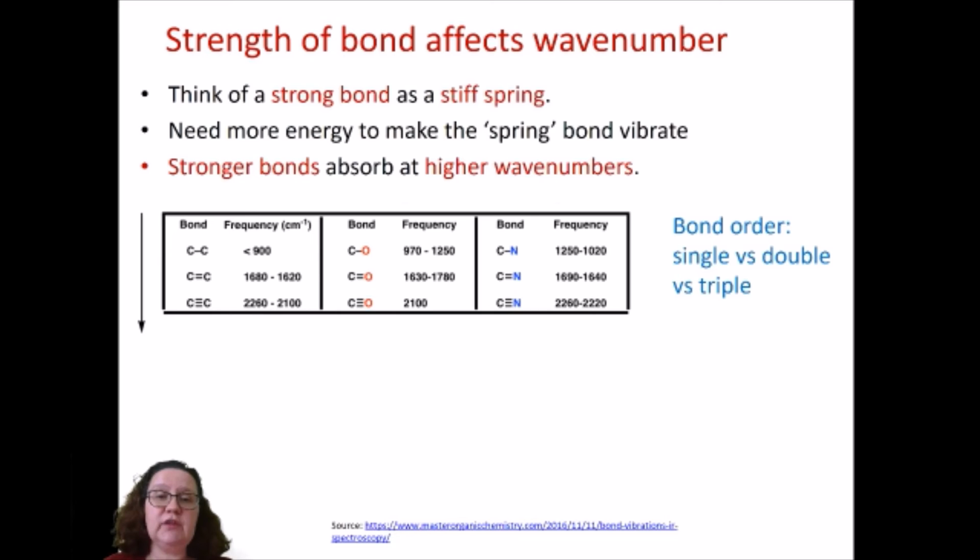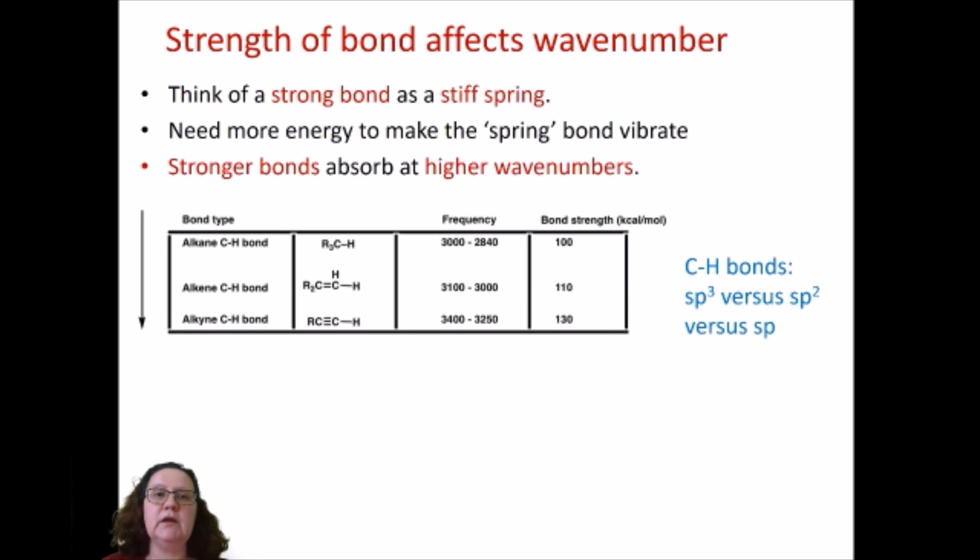So you can see here, for example, carbon-carbon bonds, or carbon-oxygen bonds, or carbon-nitrogen bonds, when you move from single to double to triple bonds, when you increase the bond order, the frequency, the wave number to which those bonds absorb, increases.